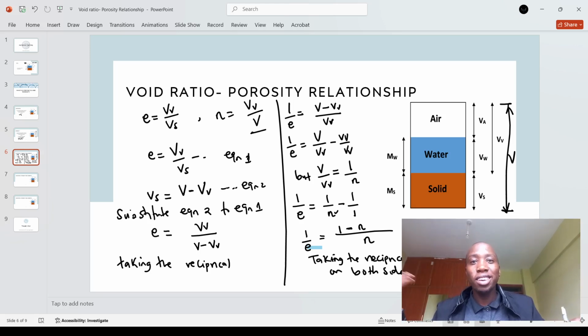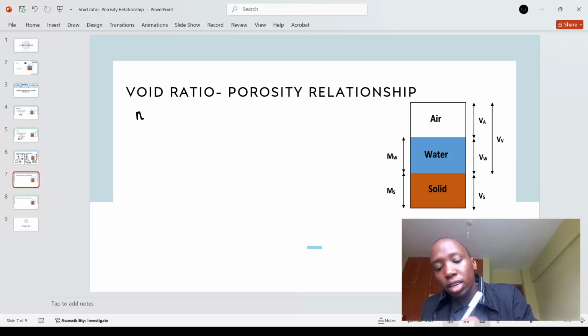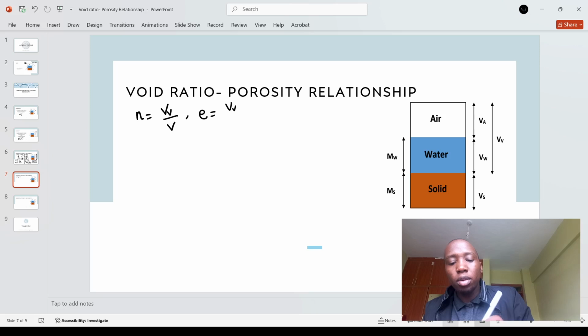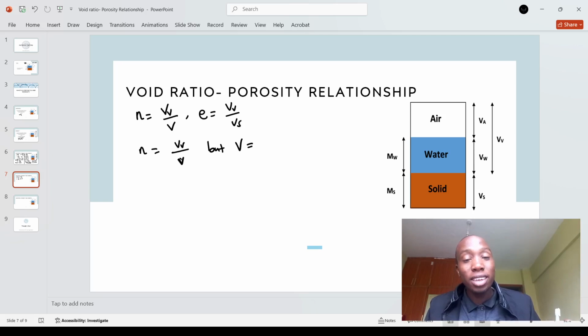Pause and rewatch. The second relationship, we can get by deriving it from the porosity equation, where we have said that n is equal to Vv over the total volume, whereas e is the volume of voids to the volume of solids. n is equal to the volume of voids to the total volume, but the total volume can be represented in two ways.